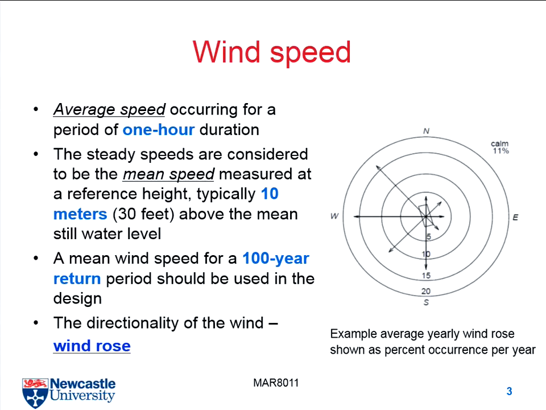Again, when I say the average wind speed, we can also call that the mean wind speed. If you don't have any specific definition, it's for a 100-year return period. That's a long time.